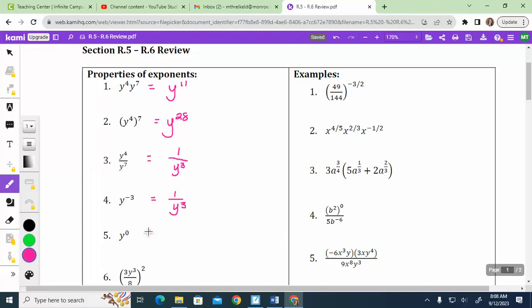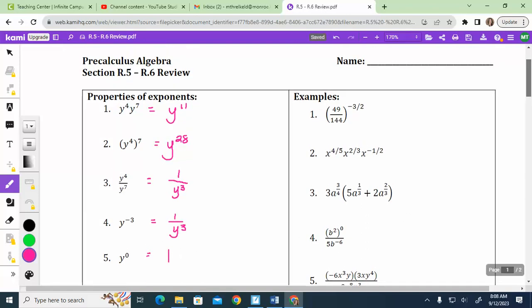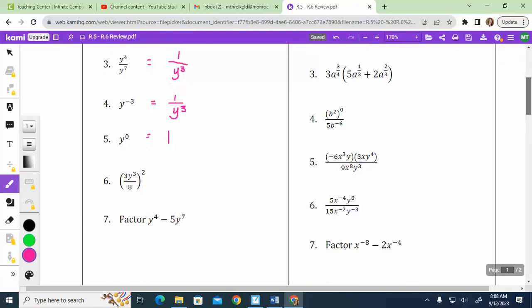Okay, fifth rule. What is anything to the 0 power? Sixth rule. If you have one term, but multiple parts to that, what do we do with our exponent?